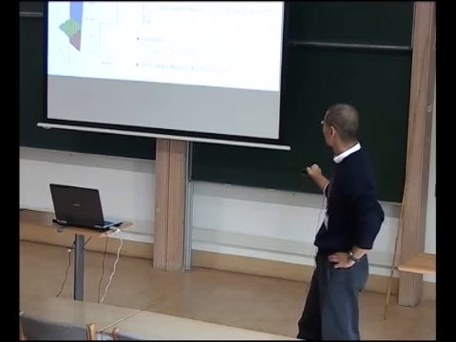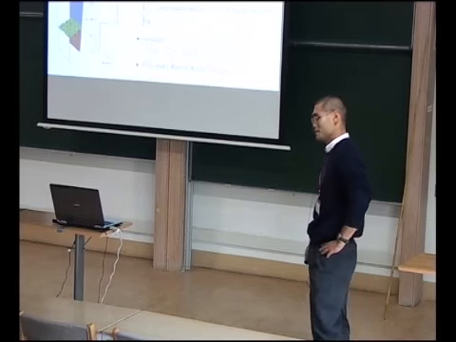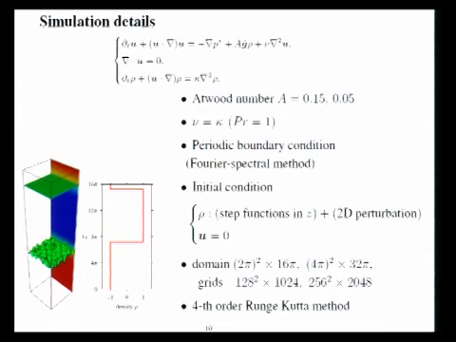Some people may be a bit angry because the density difference plays the most important role, so this kind of periodic boundary condition can produce nonsense. But my excuse is that I'm only interested in the early stage of the mixing around this interface. So I stop the simulation at some early stage so that the boundary effect does not set in.